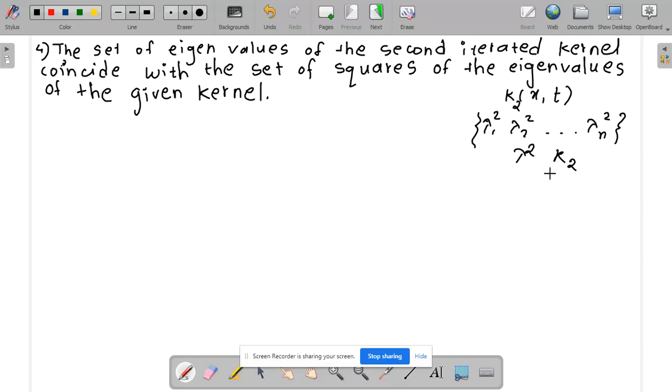Then in the second part, suppose some number, let us take it to be mu squared, or in the proof I may refer to it as lambda squared. If this number is an eigenvalue of K2(x, t), then we will show that either lambda or minus lambda is an eigenvalue of K(x, t). Those are the two parts of the proof.